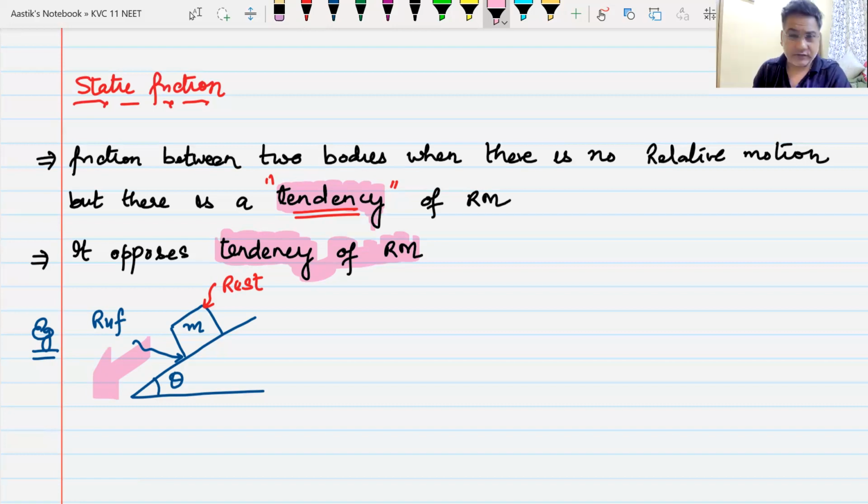It is not moving. There is no relative motion, but it wants to move. It cannot move. Something is stopping it. What is stopping it from moving down?